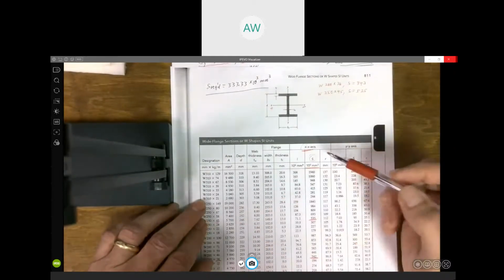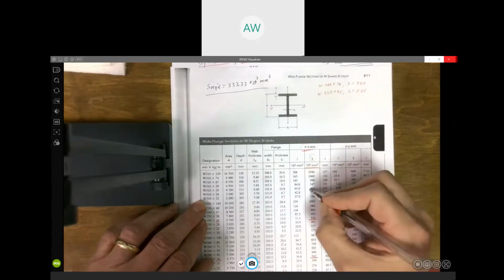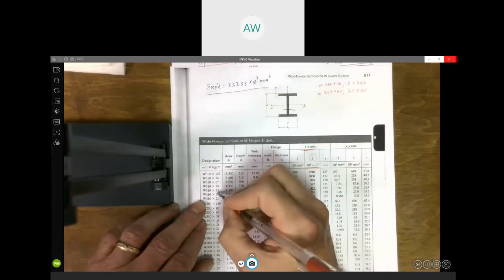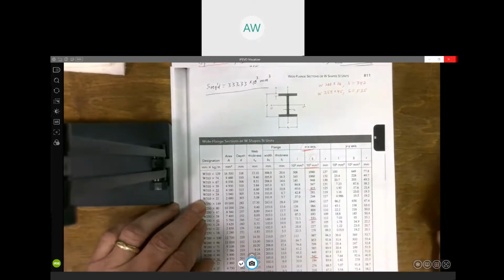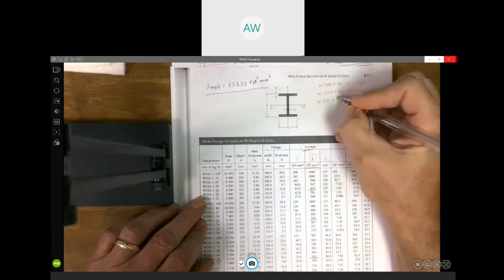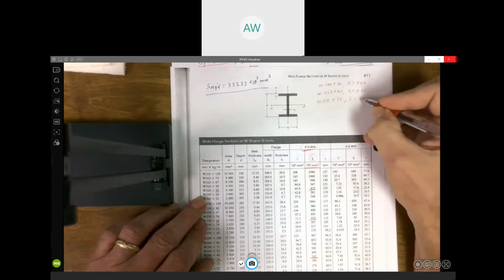So go up to the next group. We start at 244, and then we come up to this one, 415. That's the first one that is bigger than 333. So it's a W310 by 33. And its S is 415.